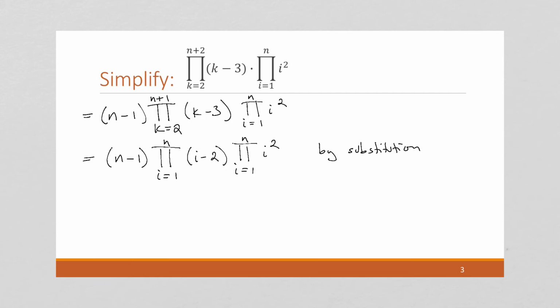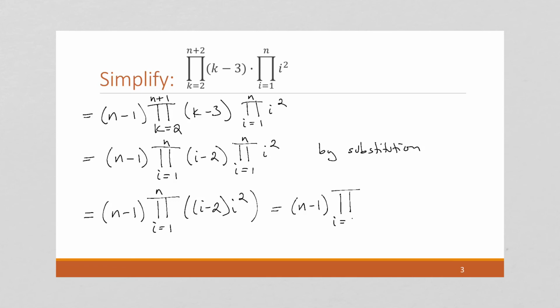Now we can use that first property of products to combine these, because finally the bounds are the same. And if we simplify this further, we're going to get i cubed minus 2i squared.